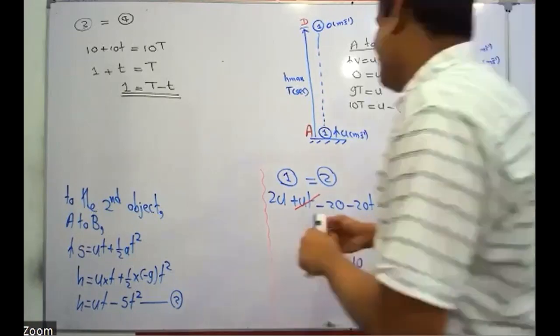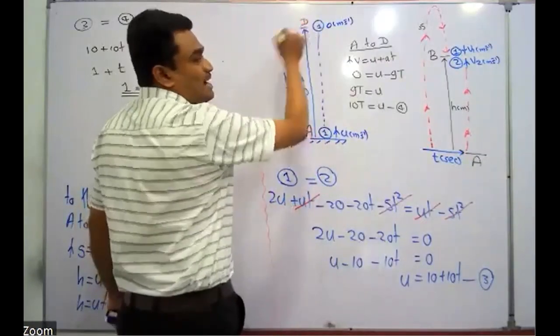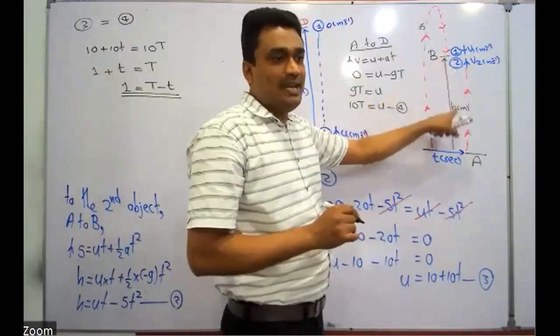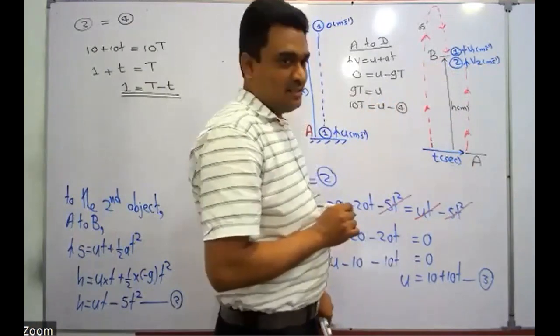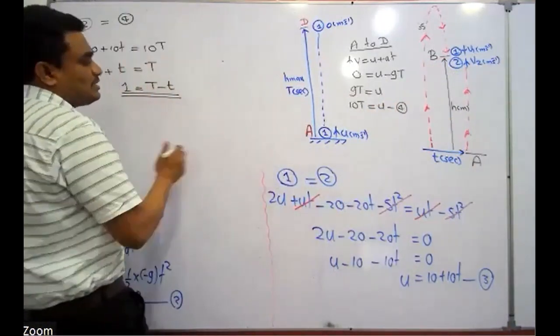The meaning of this is capital T is the time taken to reach the maximum height. Simple t is the time taken to reach the height h. So T minus t is 1 second.